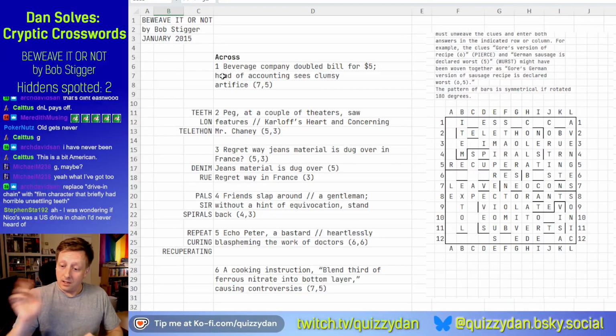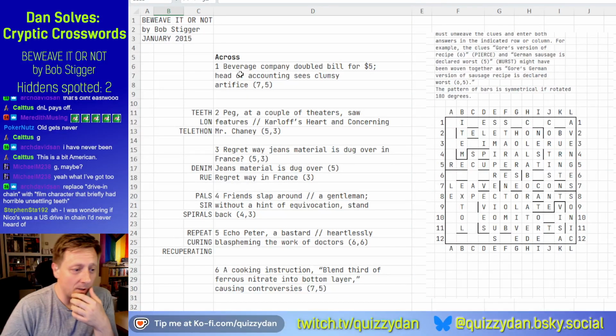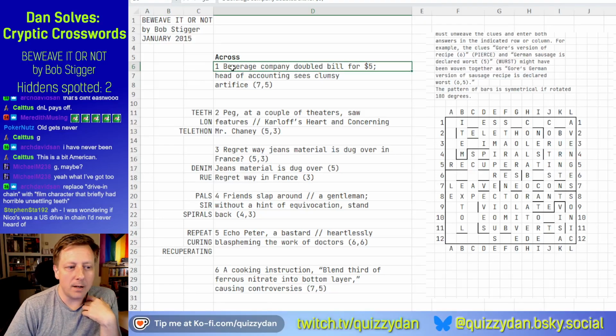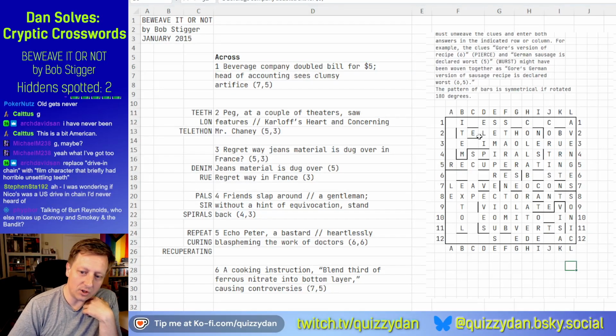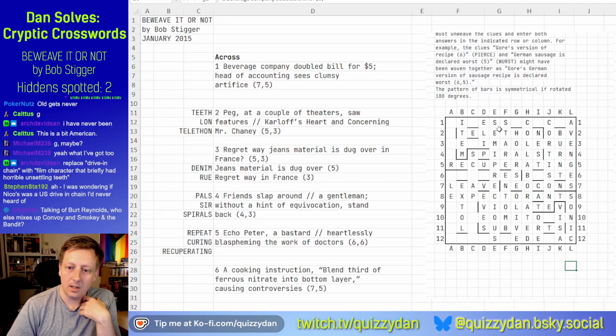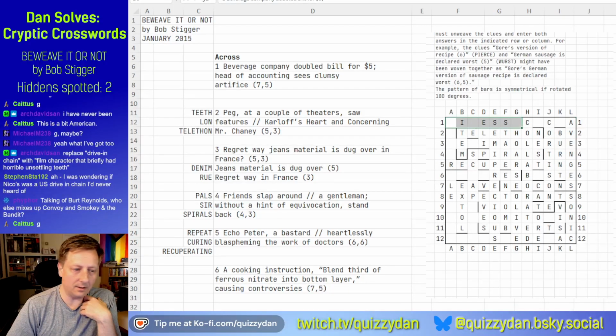Okay, that hasn't been a terrible set of passes, so here we go. Beverage company doubled bill for $5. Head of accounting sees clumsy artifice. Whew. 7 and 5 is 12 letters, so we have grid spanners. So that is either the 7 or that is either the 7. Okay.